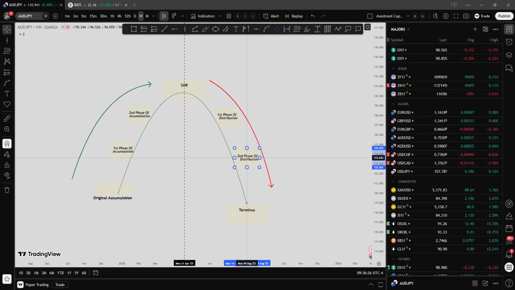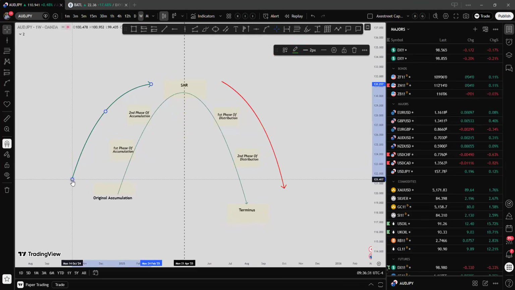All right. So for those of you that have learned a couple of entry models or maybe learned certain things about market maker models before, you've probably heard over the years that ICT's favorite model, if he had to choose one single model to trade his entire life, he said it's the second phase of accumulation or the second phase of distribution, very well known as the silver bullet, right?